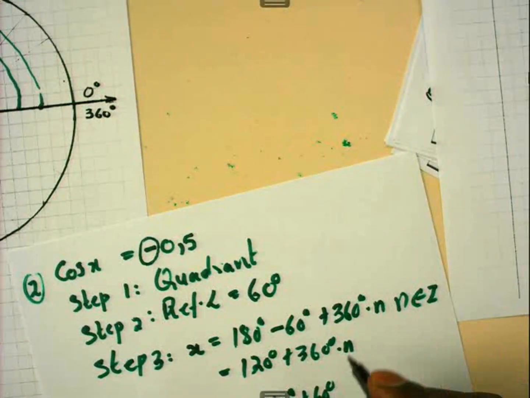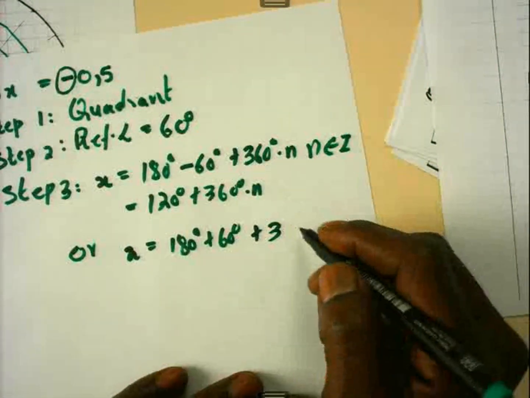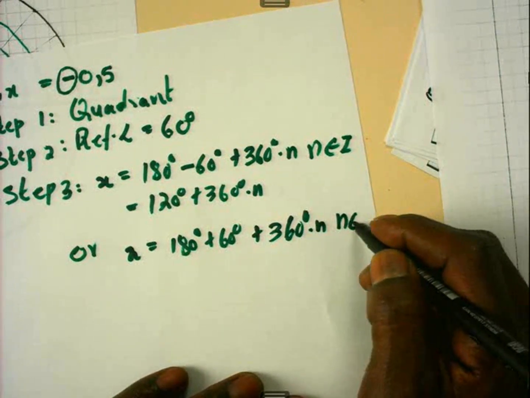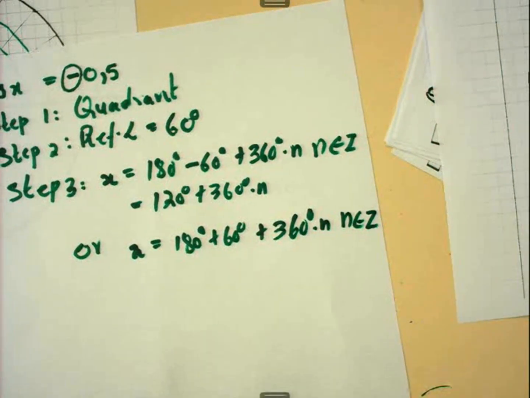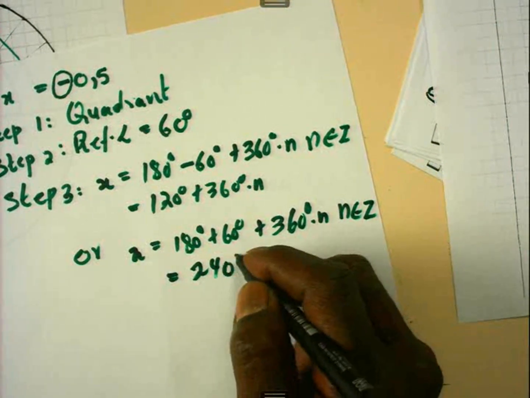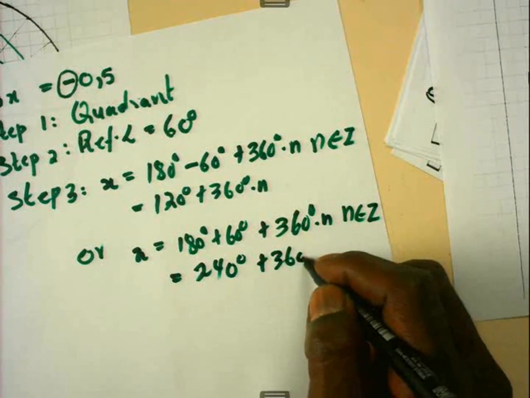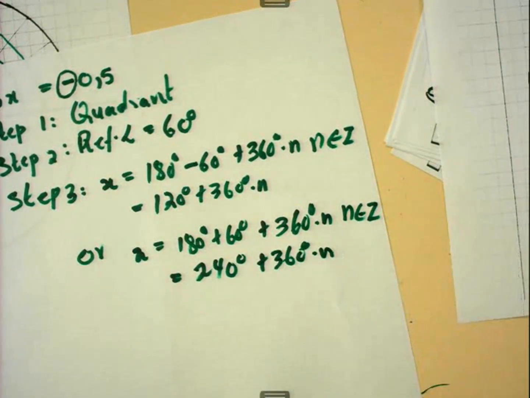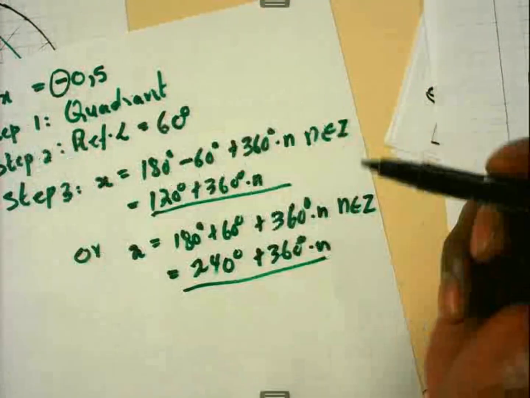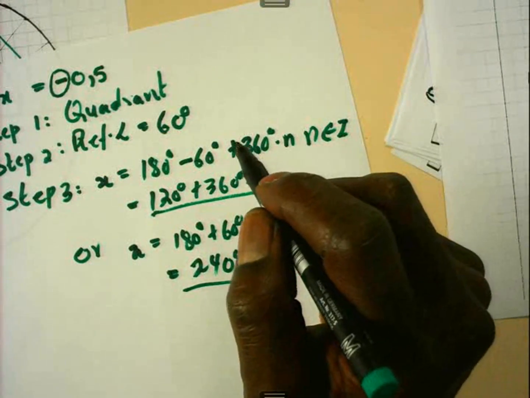So we can say plus 360 degrees times n, n being an element of the integers. If we simplify this, that is 240 degrees plus 360 degrees times n. And that will be the general solution for the problem cos x equals negative 0.5.